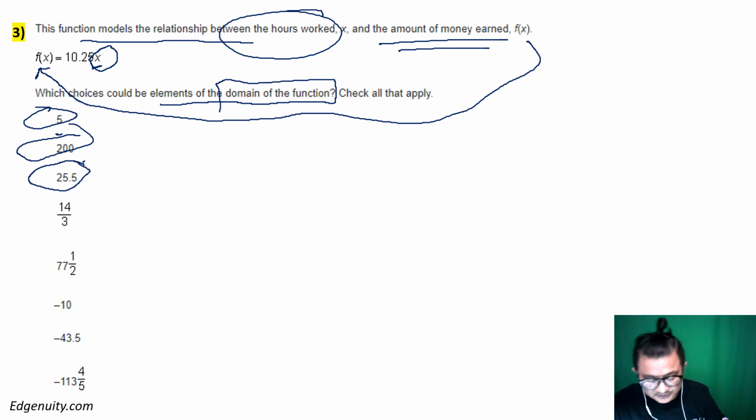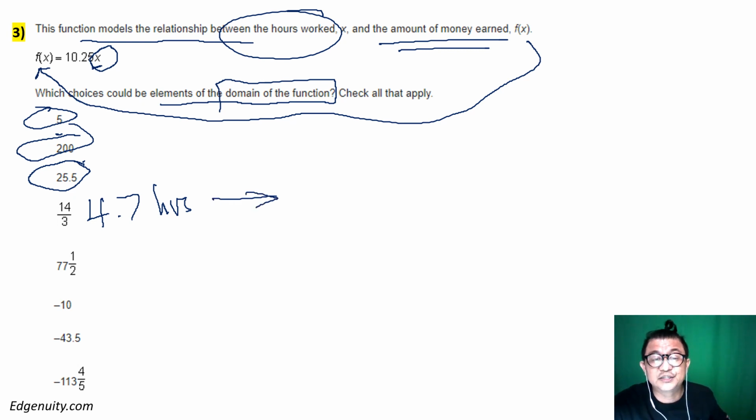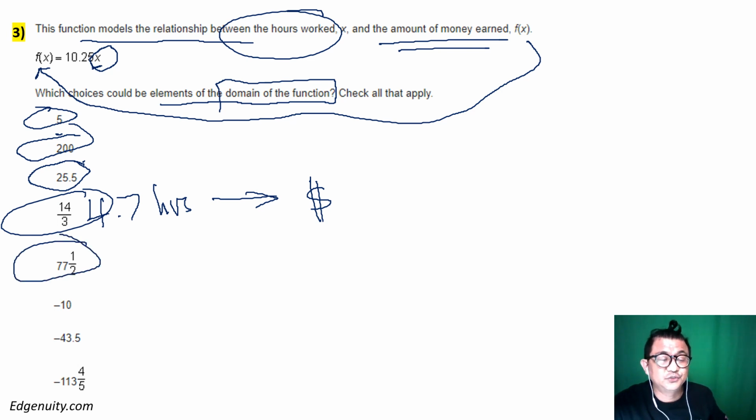What is 14 divided by 3? 14 divided by 3 is 4.6, 4.7 hours. If you work for 4.7 hours, will you still be paid? Yes. But is it possible to work for negative hours? Not possible.